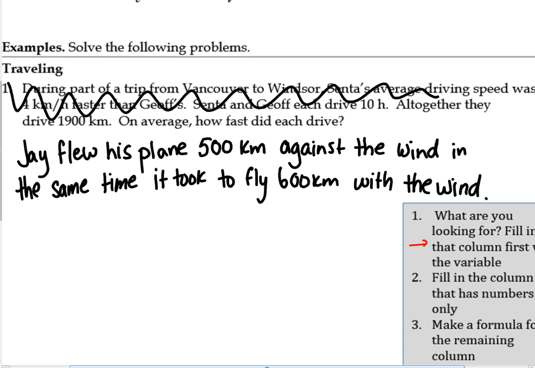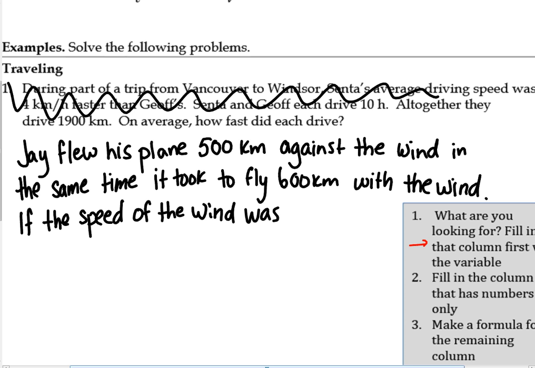With the wind. It makes it against the wind versus with the wind. If the speed of the wind was 20 kilometers per hour, what would the speed of the plane be with no wind?